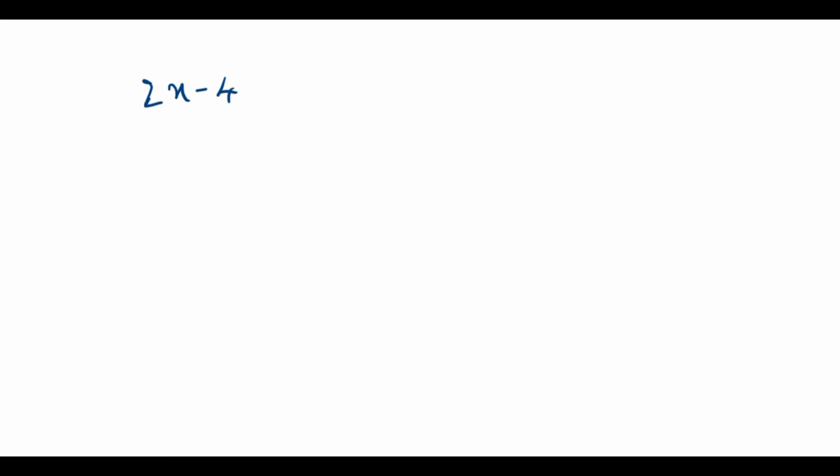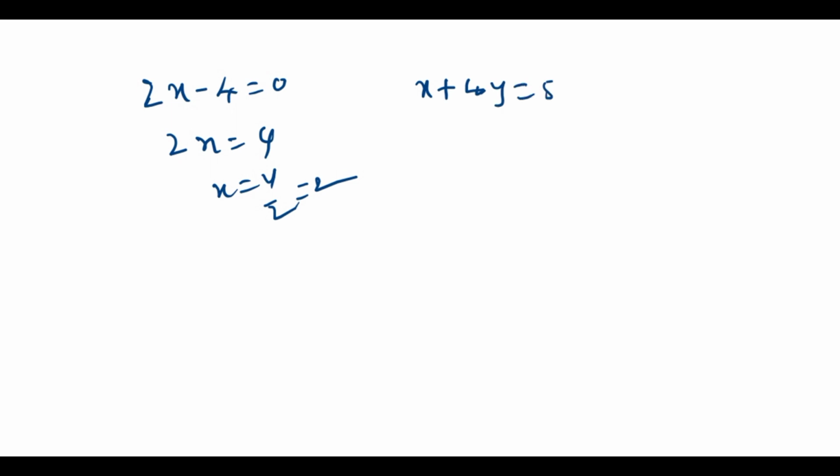It is a linear equation with one variable. 4 by 2 equals 2, you get one solution. With one variable, one solution. When you take x plus 4y equal to 5, it is a linear equation with two variables, only a single linear equation.